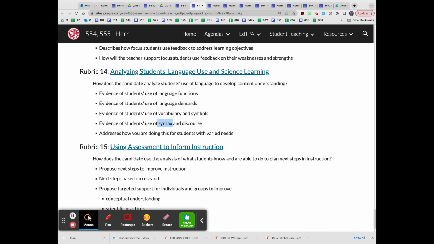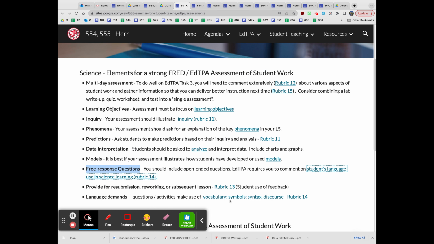This would be part of the syntax of a chemical equation, and something that in a free response question they could reply to. So in your assessment, you want to have some free response questions so that you can provide some feedback on student language. Again, if you don't have any free response questions, there's no written language for you to comment on, and you're going to score very low on rubric 14.